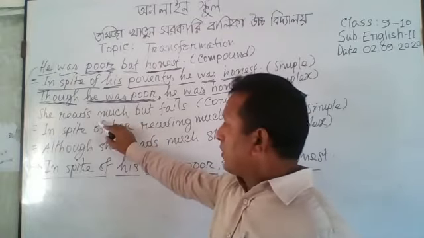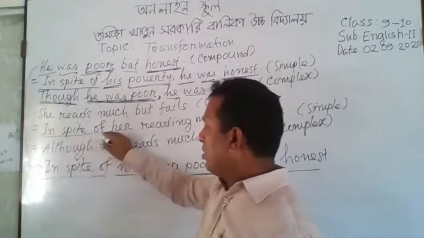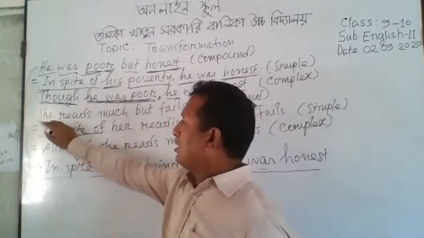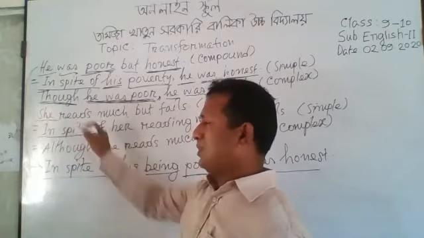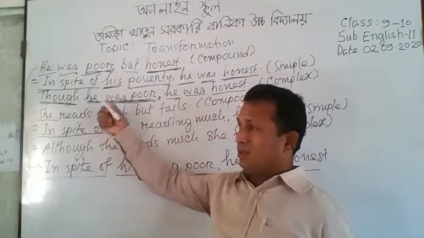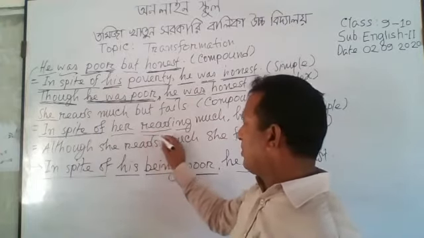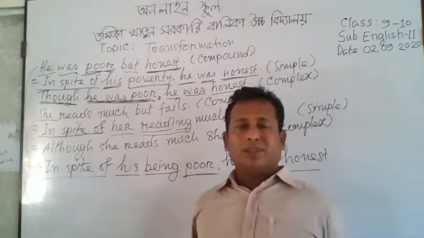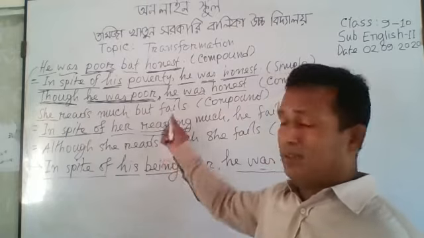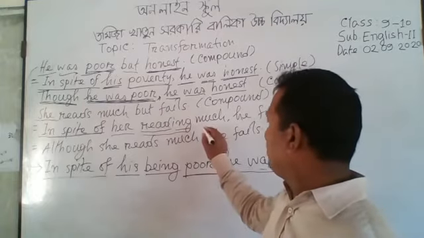And as usual, at first I will use in spite of, and then the possessive of the subject: in spite of her. As it is with a principal verb, I will use ing with the principal verb. In spite of her reading much.